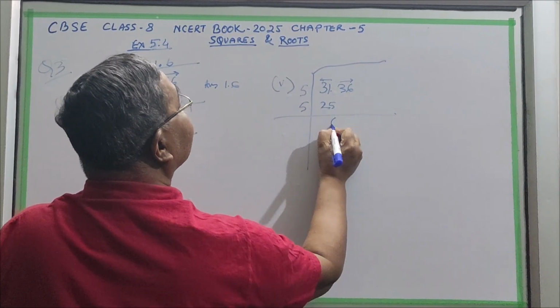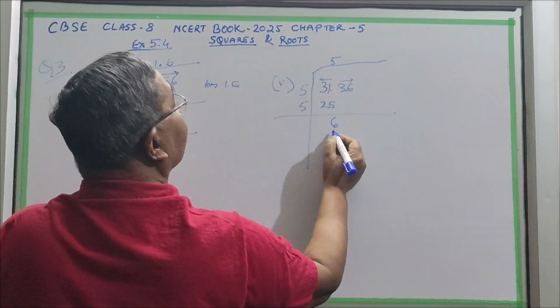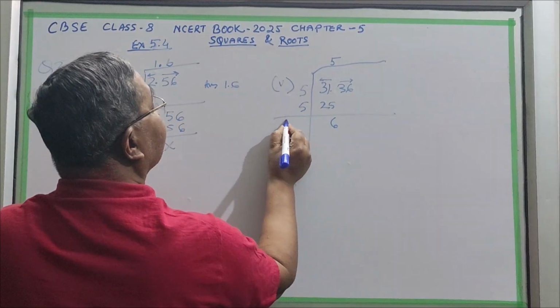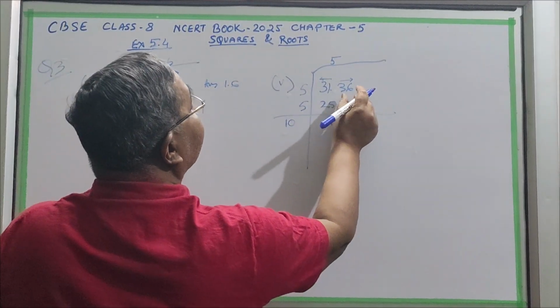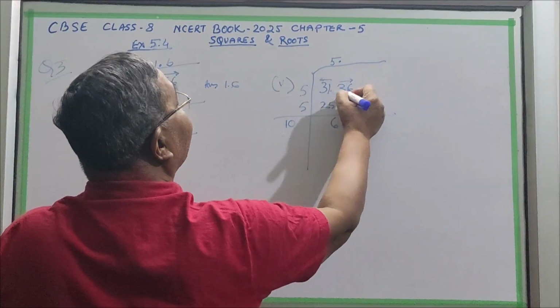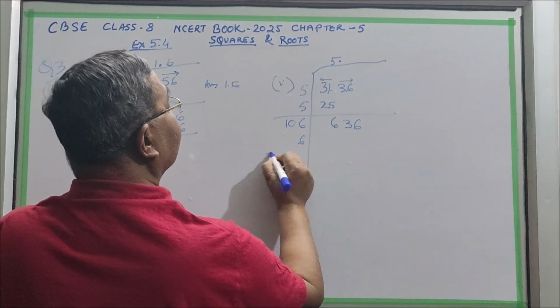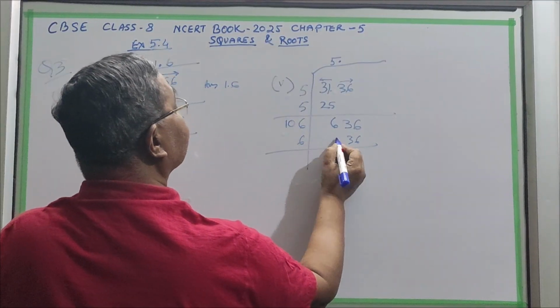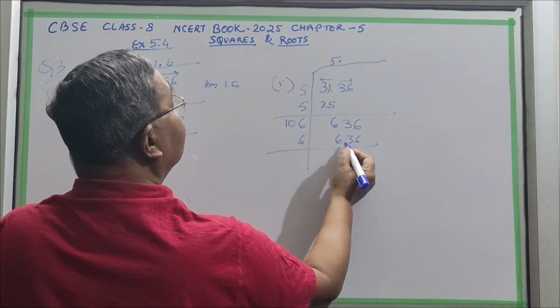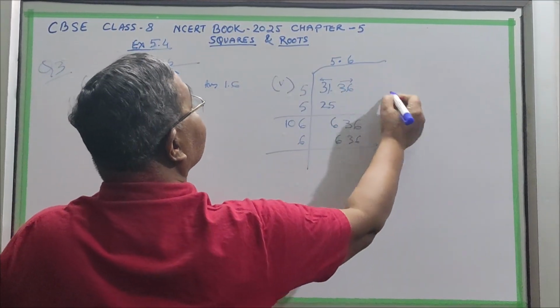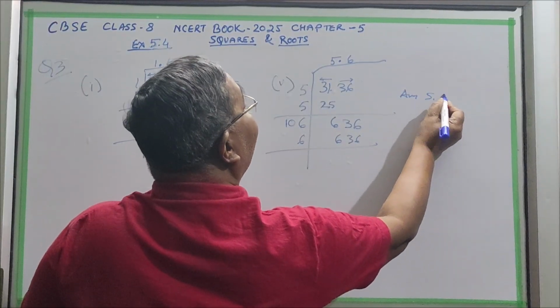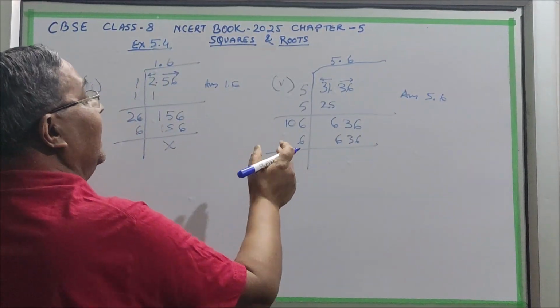So 6 will come, here 5 will come. Here add it, it will become 10. Now 36, the point we will put here and two numbers will come here. Now 6 times we can take, 6 6s are 36, 6 1s are 6. So the answer is 5.6.